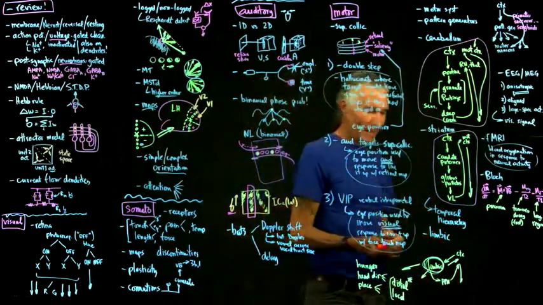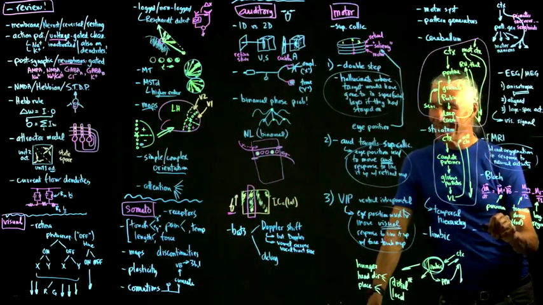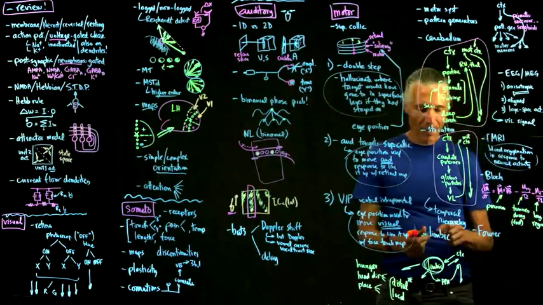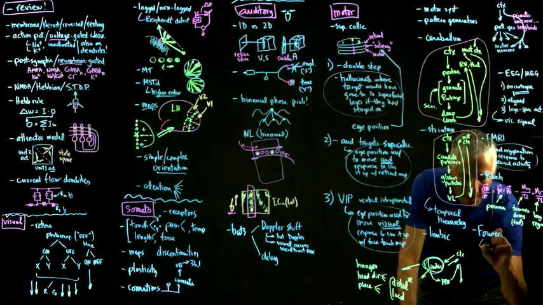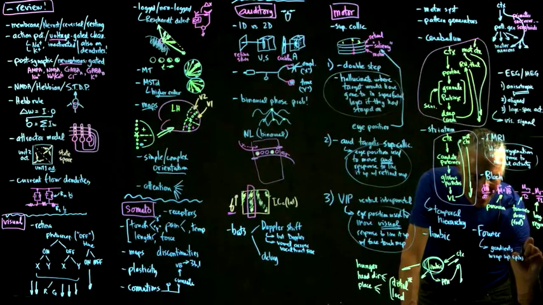And then last but not least, I don't think I've ever asked a question on this. There was the Fourier transform. But the main point there was that the gradients wrap up spins into stripes.